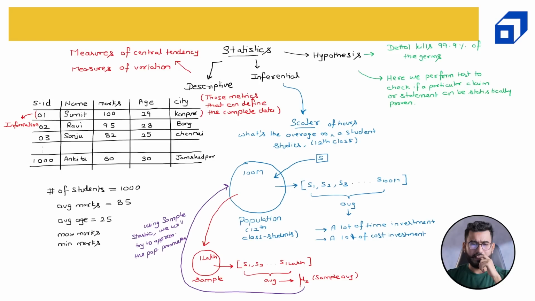Now we are going to talk in very much detail about what the various measures of central tendency are and what the measures of variation are. So with this particular topic, we will initiate the first category or first branch of our discussion, which is talking about descriptive statistics.